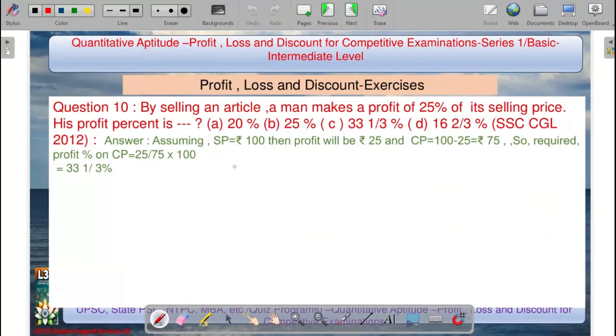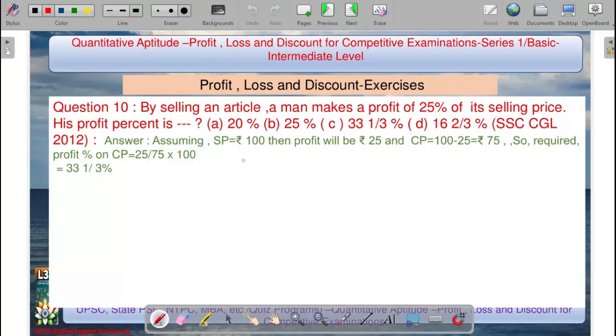Next question. By selling an article, a man makes a profit of 25% of its selling price. His profit percentage is?